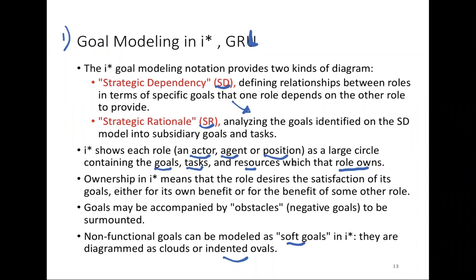Your task is to identify the relationships between those tasks, agents, resources, and goals, and give a satisfaction level to each of those tasks and goals, based on which you will give a satisfaction level for the entire actor.